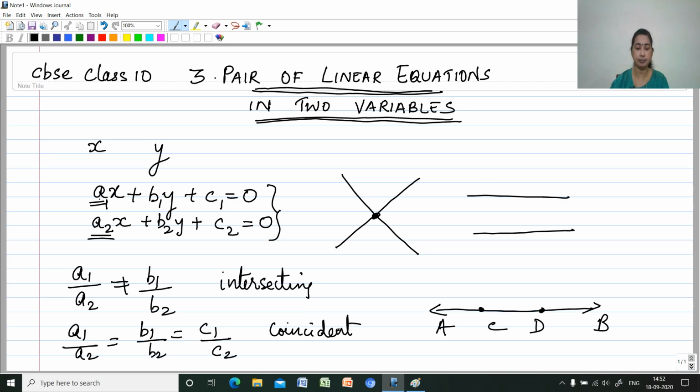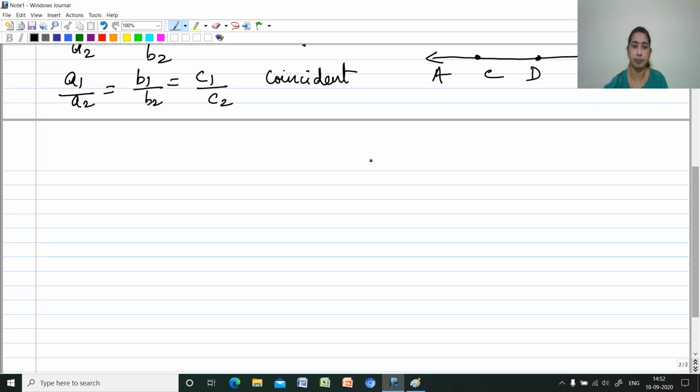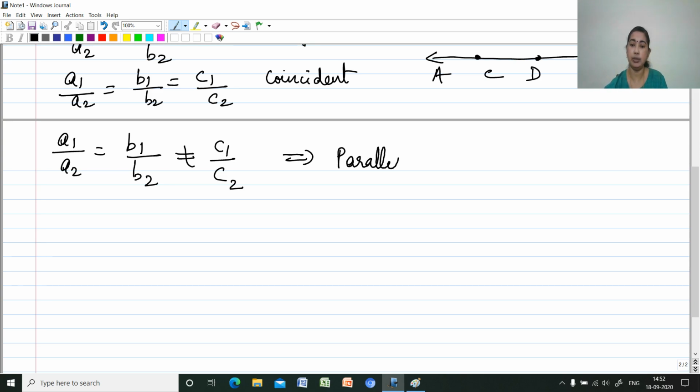Then, when will these two lines be parallel? Two lines will be parallel if a1 by a2 is equal to b1 by b2 but not equal to c1 by c2, then we call it parallel lines. They will not touch anywhere, they will not meet anywhere.